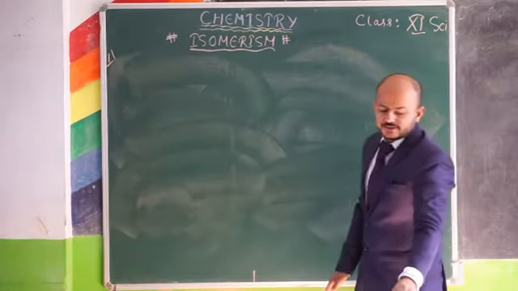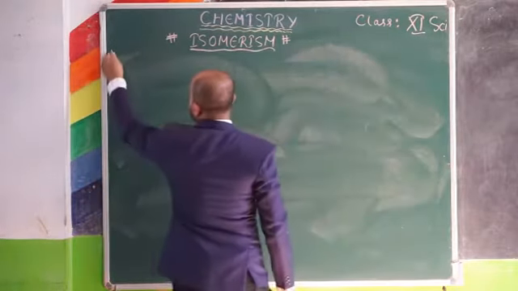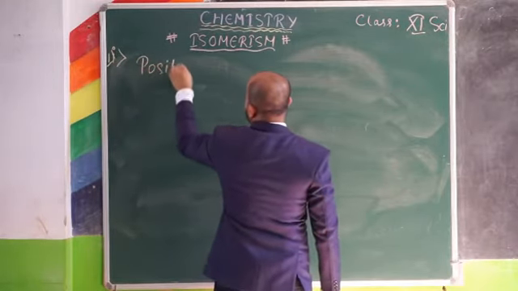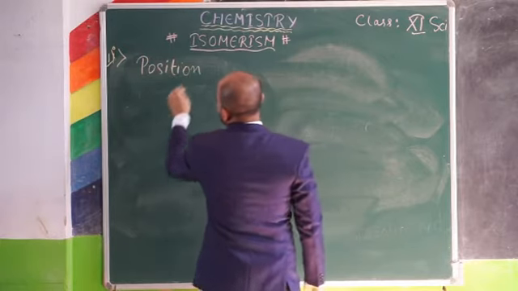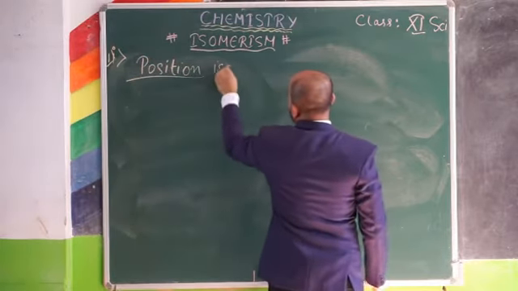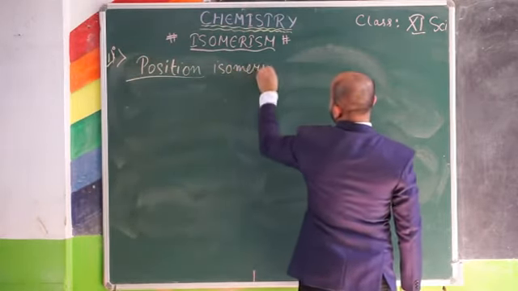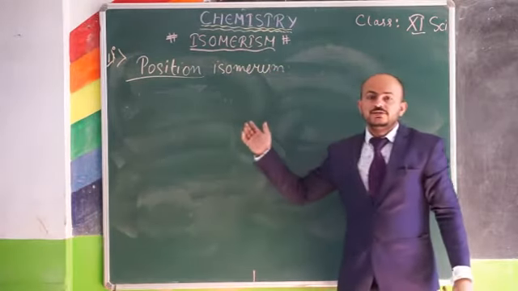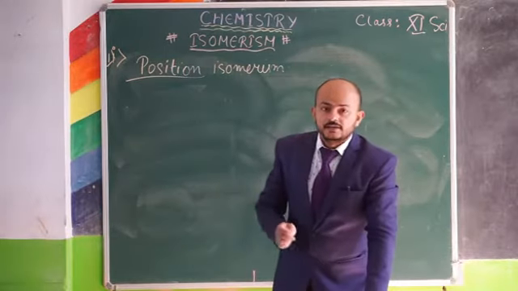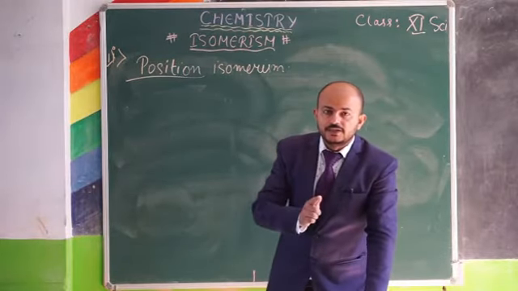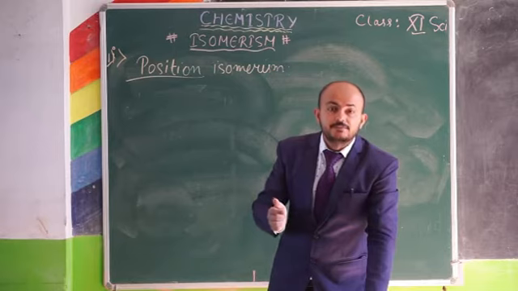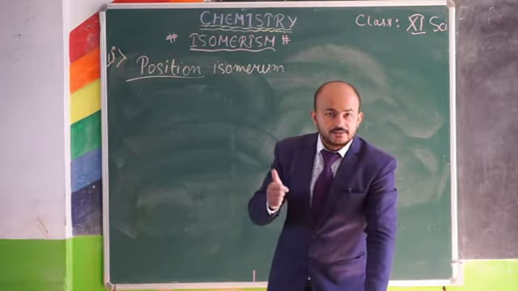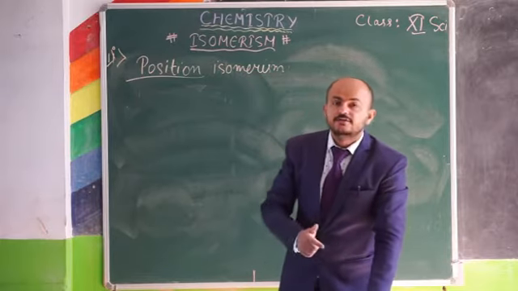Chain isomerism we have discussed first. Now let's discuss position isomerism. This isomerism is mostly found in compounds having multiple bonds, or a functional group.